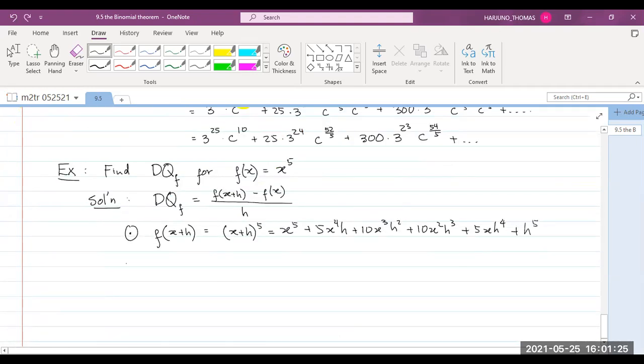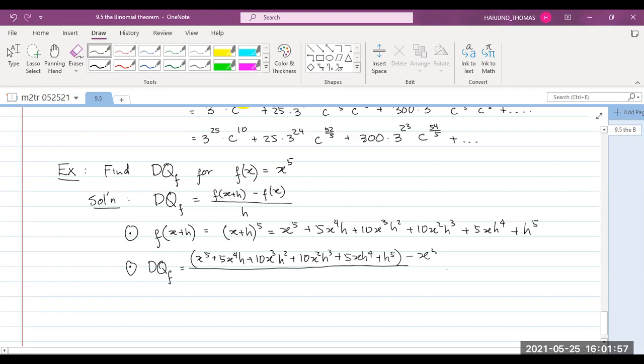Okay, so the difference quotient will be x to the 5th plus 5x to the 4h plus 10x cubed h squared plus 10x squared h cubed plus 5x h to the 4th plus h to the 5th, minus x to the 5th, right?